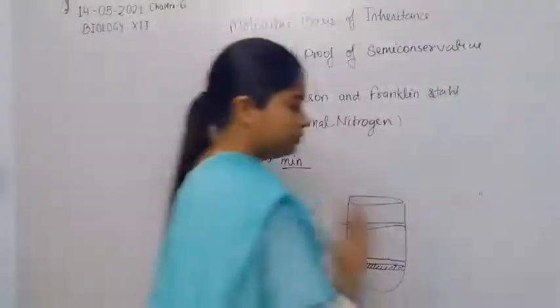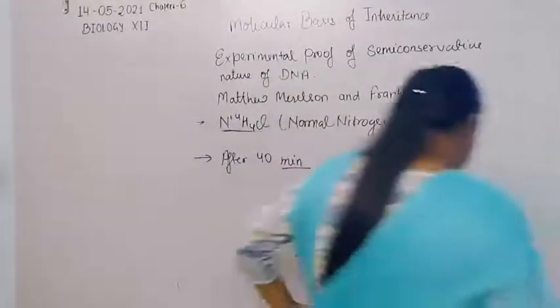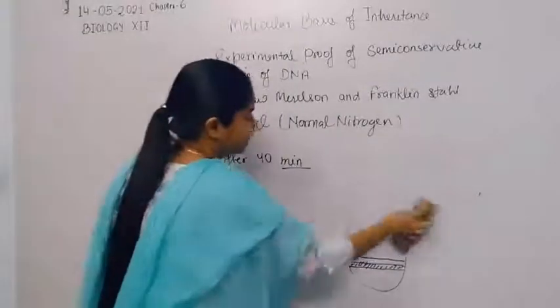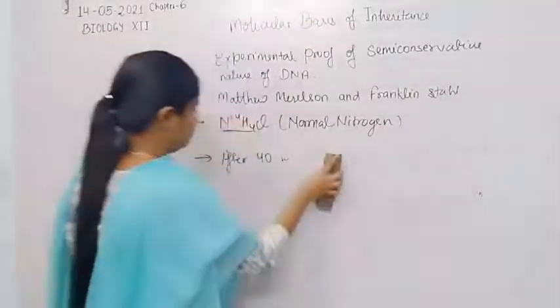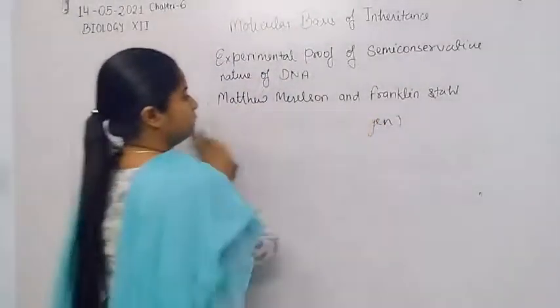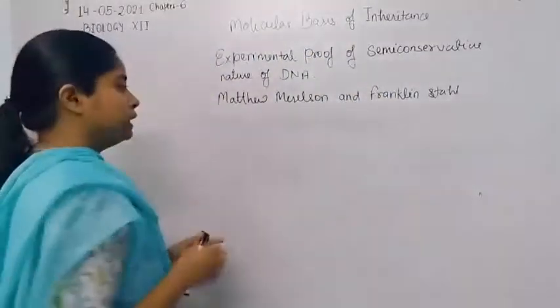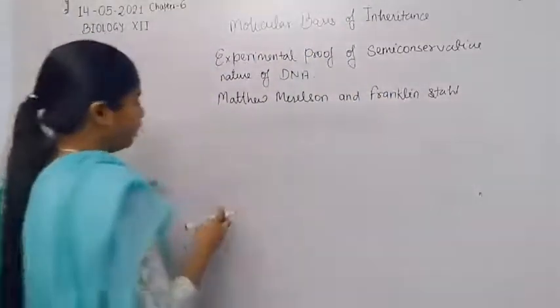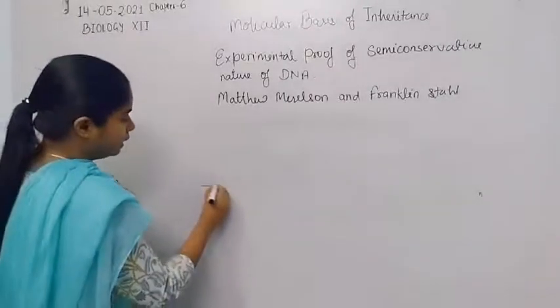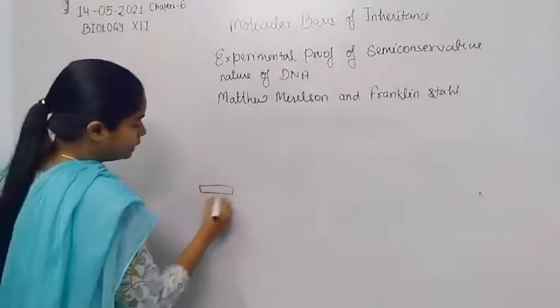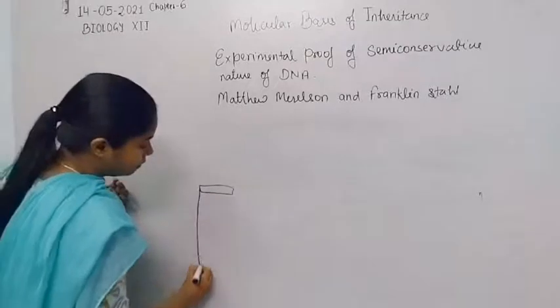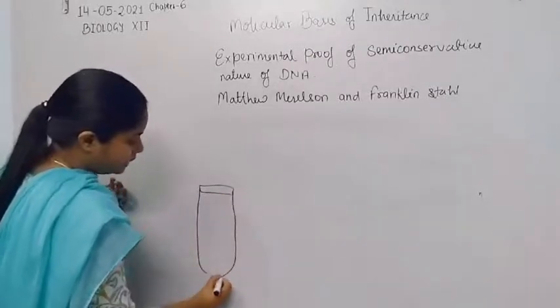Now let us discuss collectively what they did in the experiment. In the three experiments done by Meselson and Stahl in 1958, first they grew the bacteria in the N15 medium. That N15 medium represents the heavy isotope.